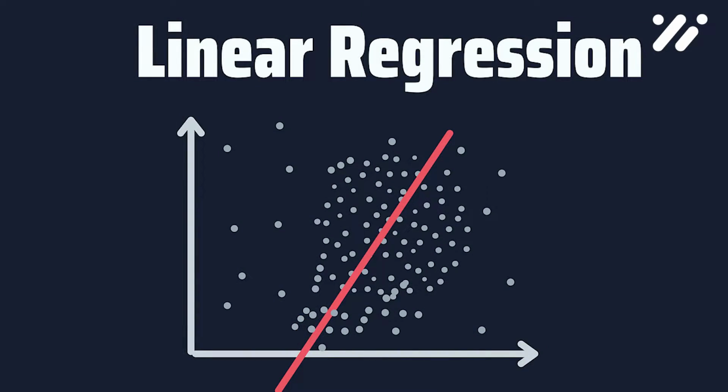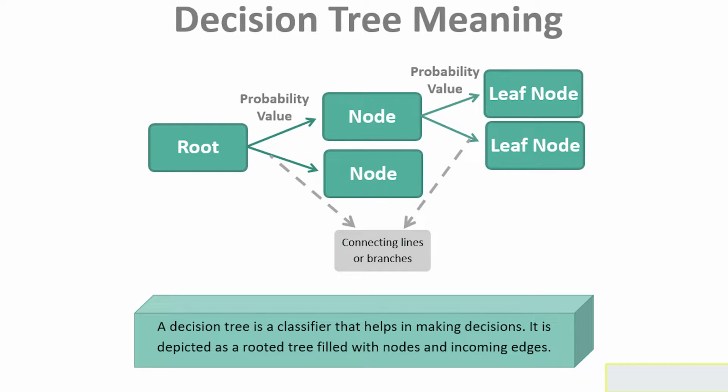Remember that the choice of model depends on the problem and data type, e.g., linear regression, decision tree, and neural network. So whatever model you are going to choose, whether linear regression, decision tree, or even neural network, will depend on what? Will depend on your problem and data type.